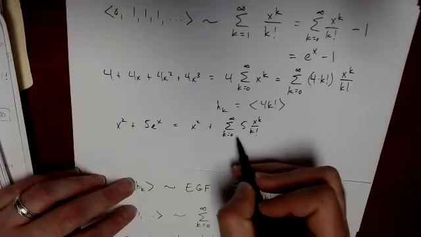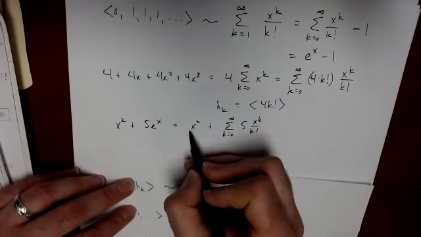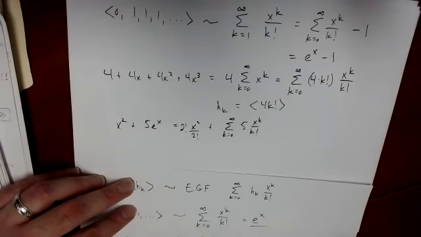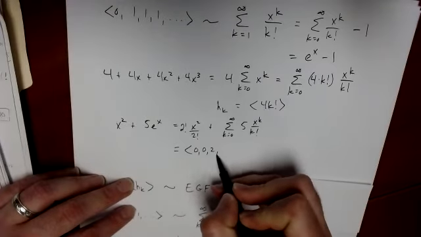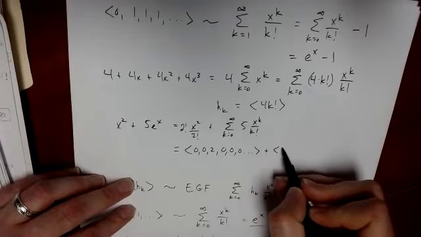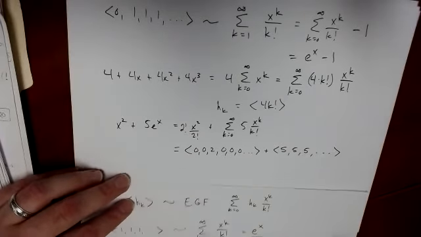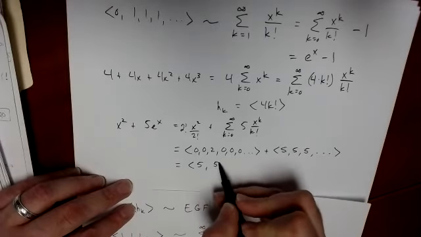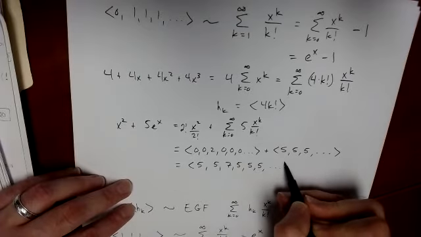So this one is a sequence of all 5's, and this one needs to have a 2 factorial in the denominator, so it'll have a 2 factorial out front. So this is the sequence 0, 0, 2, 0, 0, 0, and so on, plus the sequence of all 5's. So we can just write that as 5, 5, 7, 5, 5, 5, and so on.